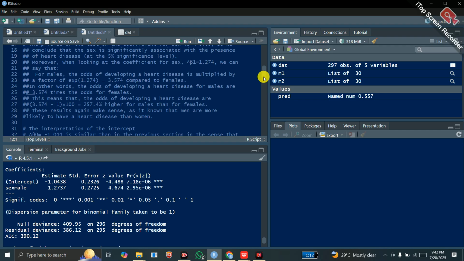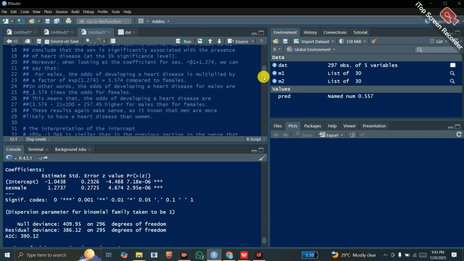In other words, the odds of developing a heart disease for males are 3.574 times the odds for females. This means that the odds are (3.574 minus 1) multiplied by 100, that is 257.4% higher for males than for females. So the odds of developing a heart disease are 257.4% higher for males as compared to females.